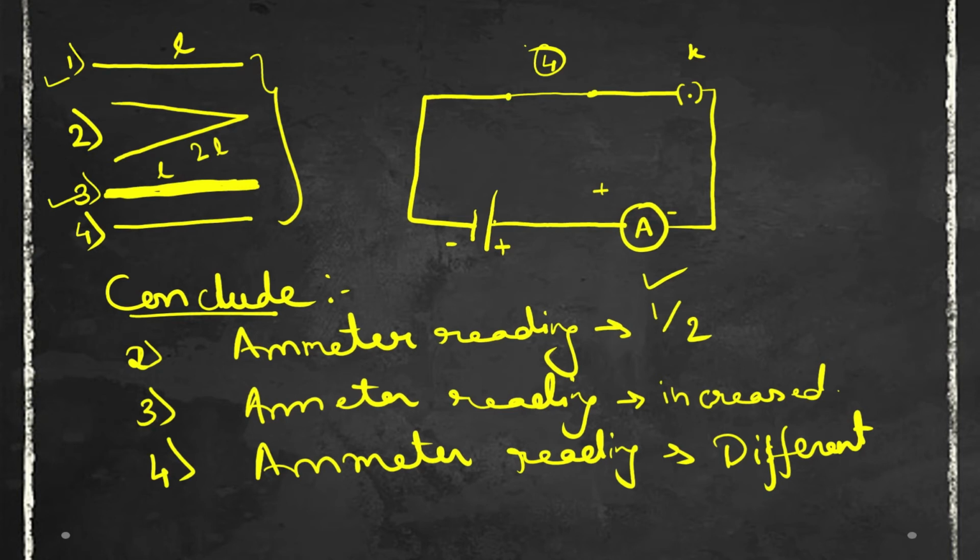So what we had noticed is that when we doubled the length of the wire, the ammeter reading was reduced by half, and when we used a wire of double cross section of the same material and same length, the ammeter reading increased. So what do we conclude?